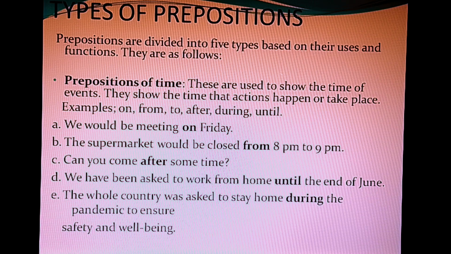Until is a subordinate conjunction, but it's also a preposition. Maybe before now you didn't know that the word until, that is U-N-T-I-L, is both a preposition and a conjunction. So in this case, it's functioning as preposition of time.